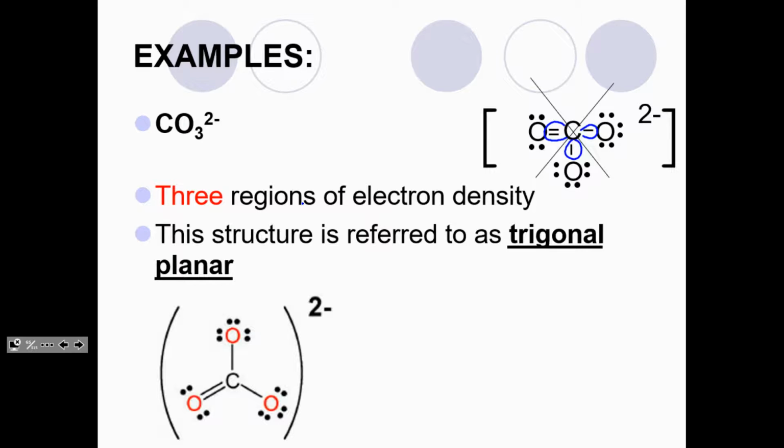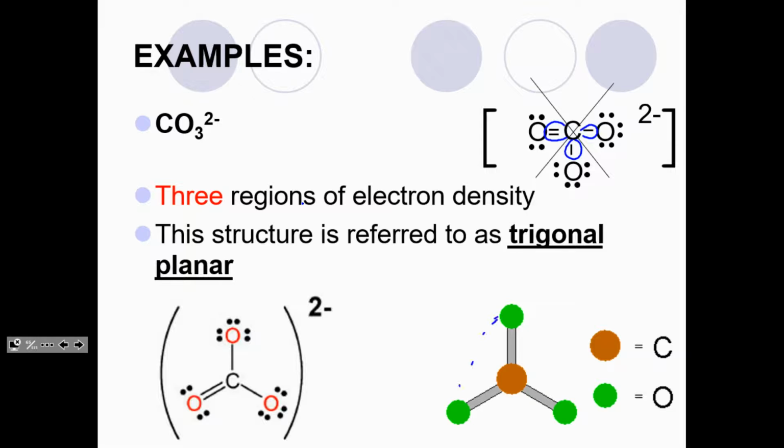Some people call it triangular planar. They want to be as far apart as possible, and you'll see the triangle shape. So we can kind of see how this makes a triangle. Once again, it wouldn't make sense if I had all 3 in the same area. There would be tension there, which we don't like.